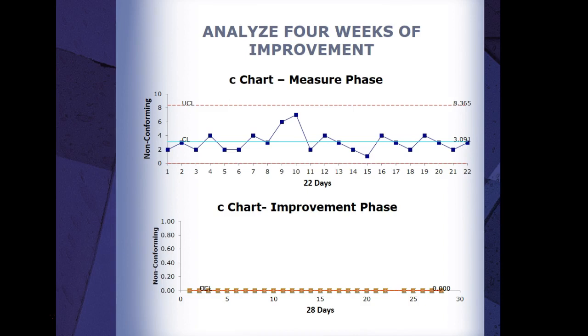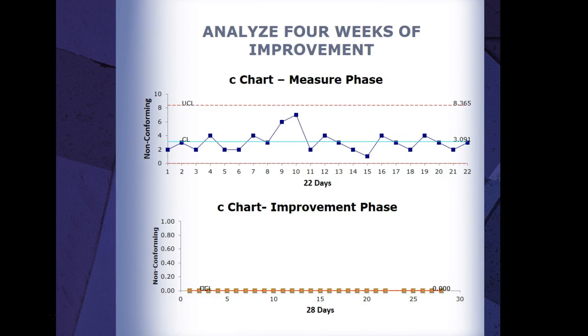I used my data from the measure phase because after I implemented my improvements, I had 100% success implementing my improvements, so I didn't have any data to show you at that point. I had 0 nonconformities, so my charts would not be very useful to look at.